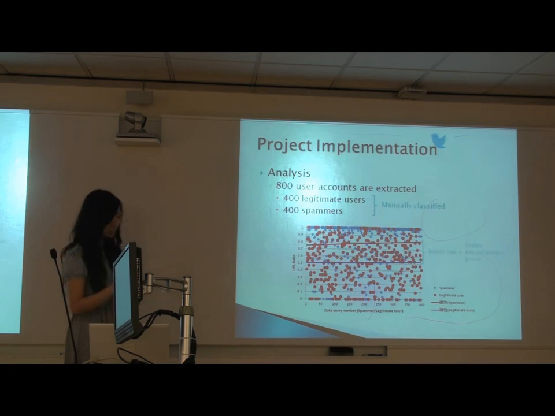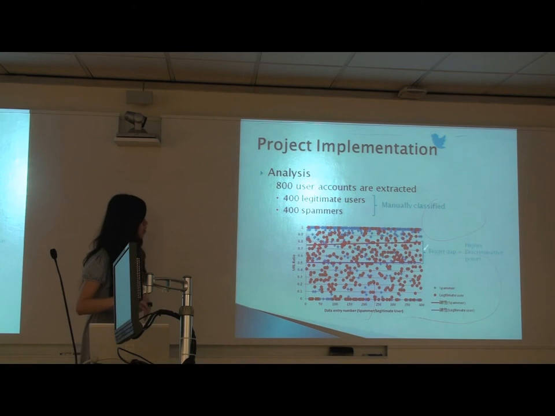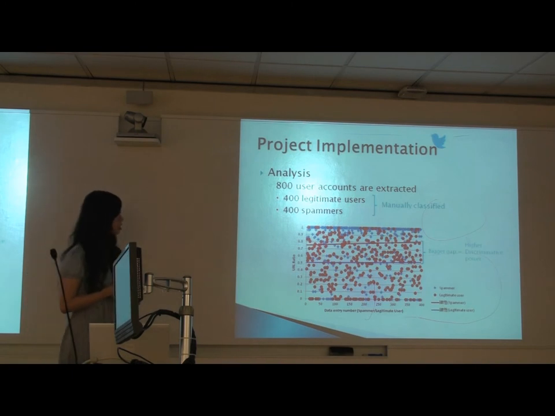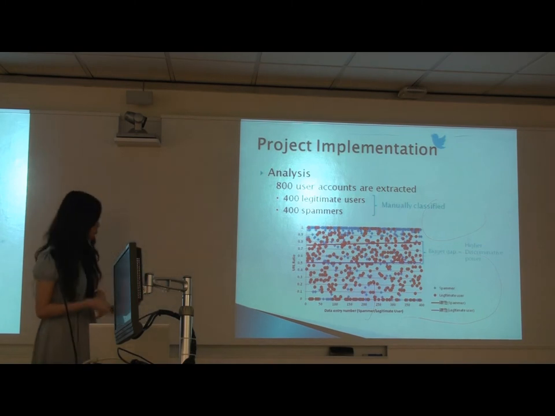By analyzing the gap between the trend lines, you can see these two are the trend lines, between the trend lines of legitimate users as well as spammers, we can see the discriminative power of this factor.